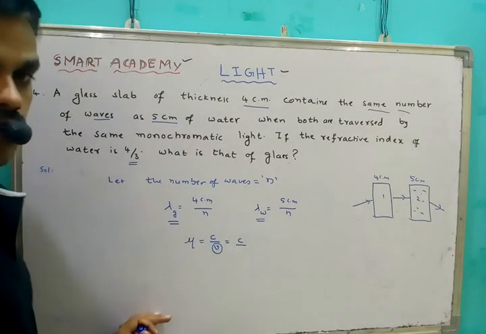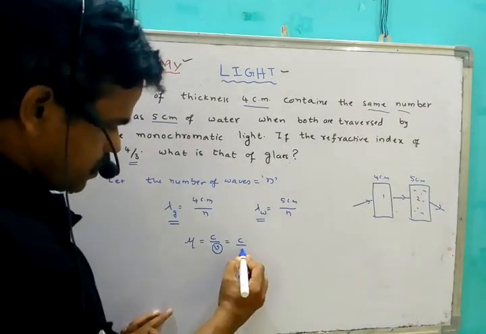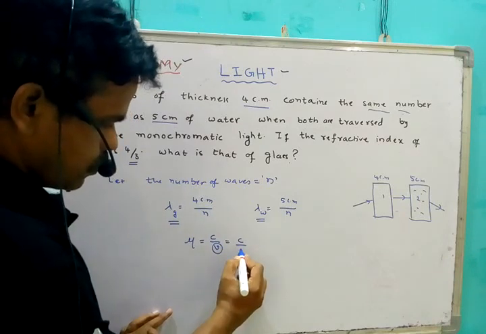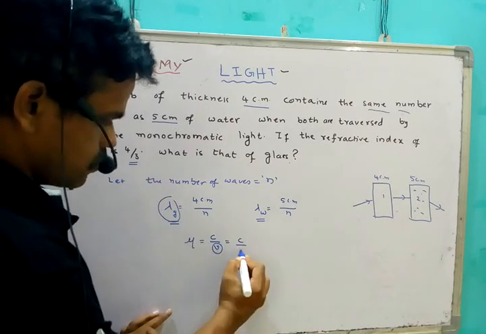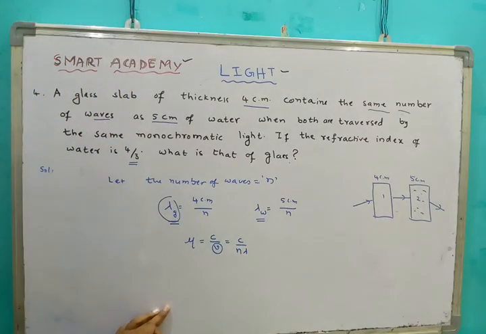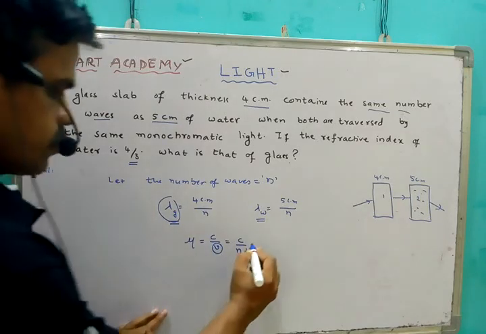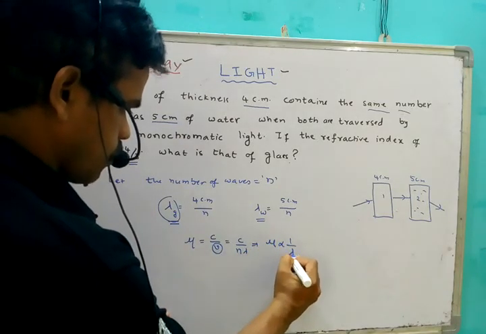We can write v equal to d by t. We want the relation between wavelength, so we substitute v equal to n lambda. So from this, mu is proportional to 1 by lambda.